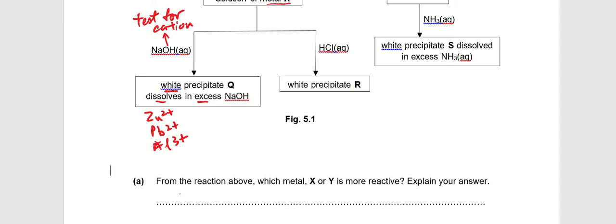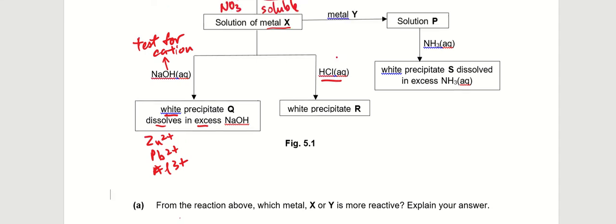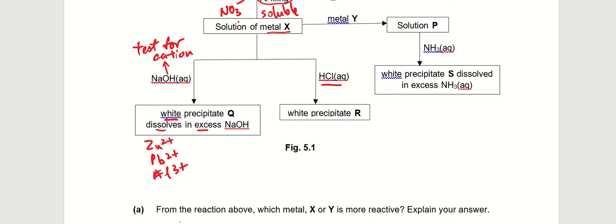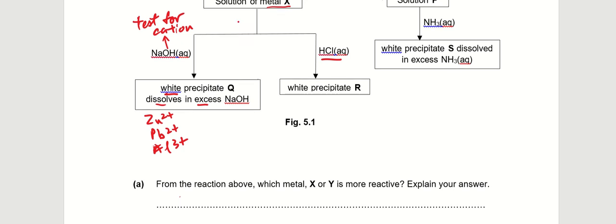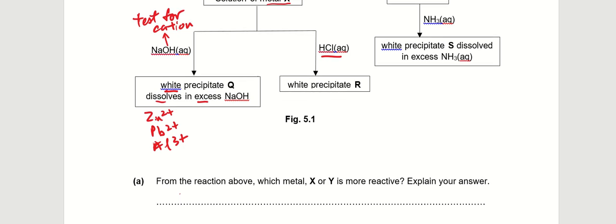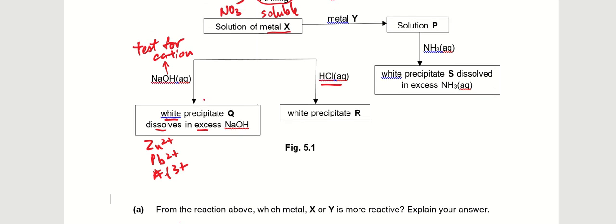So that doesn't really help us a lot, but let's see whether the other branch can clarify a little bit more. We add hydrochloric acid. We know this is a salt of metal X, and we know it is a nitrate. So let's see what happens if it was zinc nitrate, lead nitrate or aluminium nitrate.